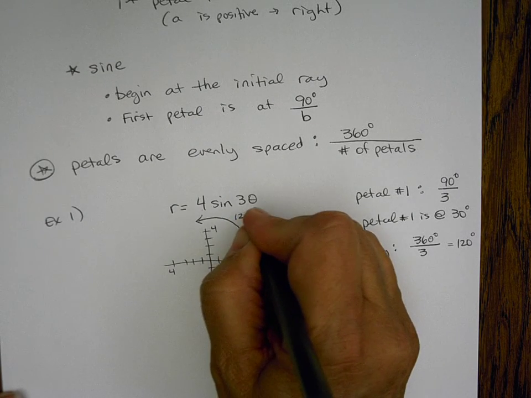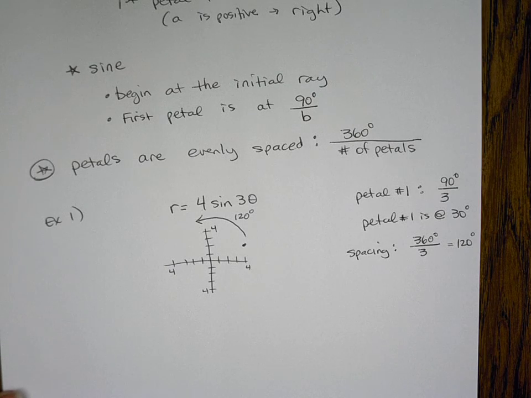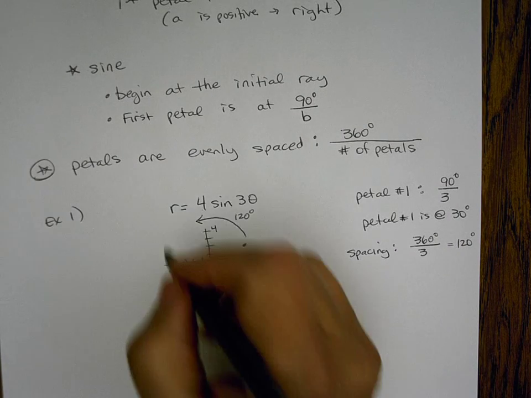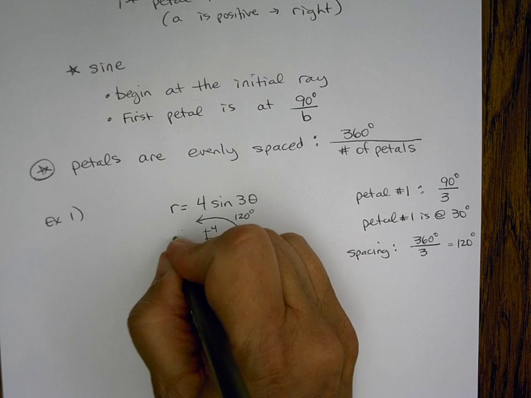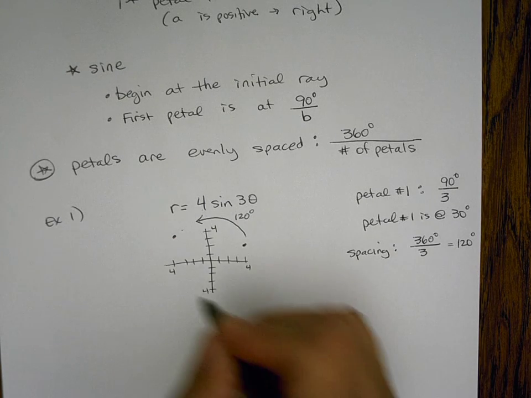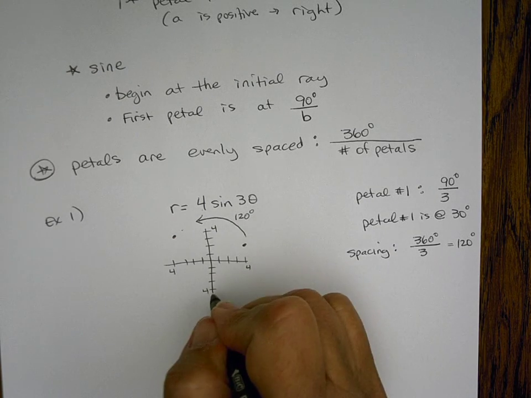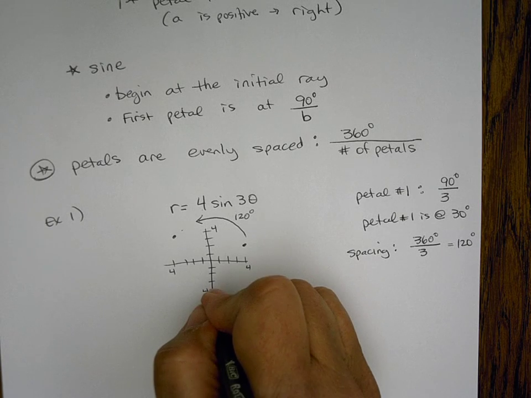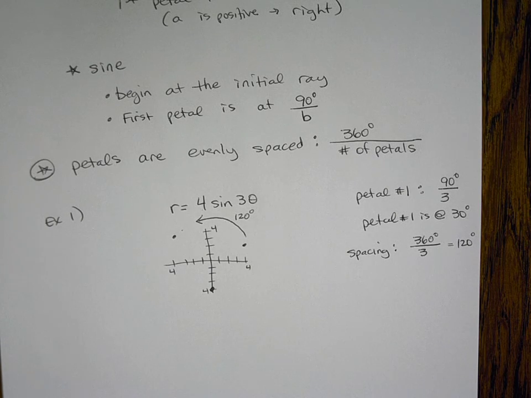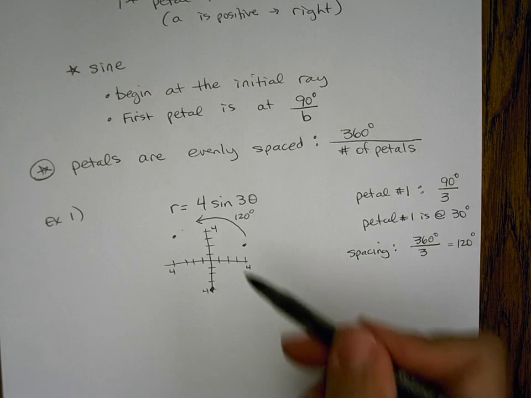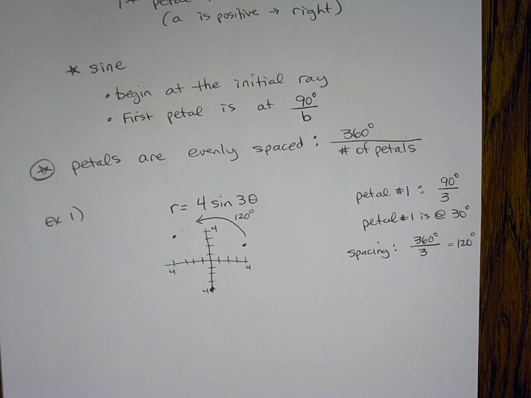I'm going to want you to say I'm going around 120 degrees, because that's what my spacing is. I'll put a dot. And then my next dot again is 120, going to be down here. You can write the 120 for all of them, but as long as you just put the 120 spacing for one of them, that'll be fine.